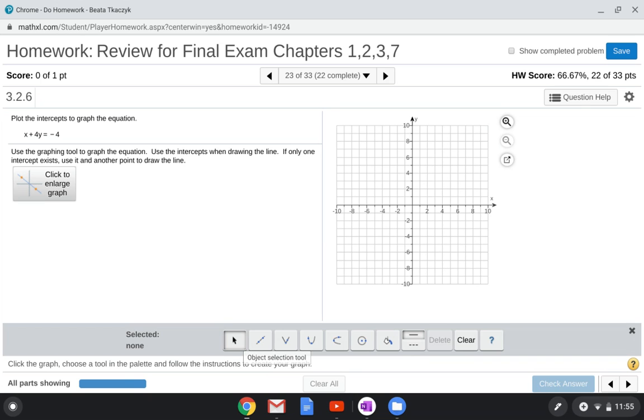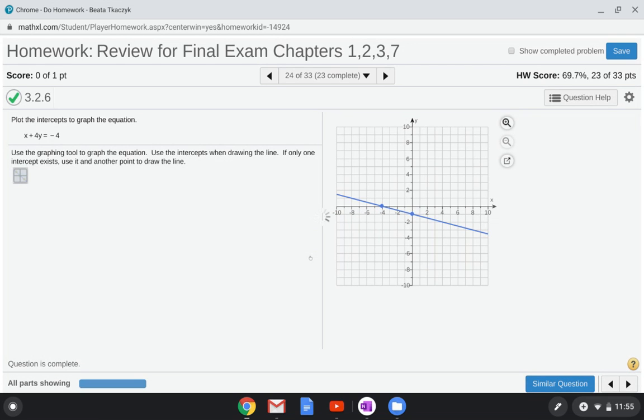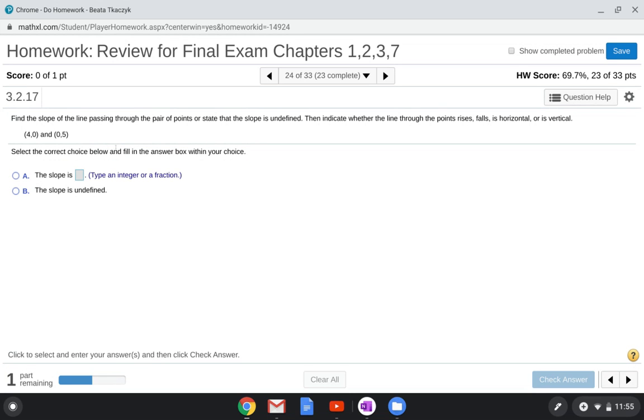If only one intercept exists, use it and another point to draw the line. Okay, so we need a line. So we need to select the line, and we have negative 4 comma 0, which is right here, and then 0 comma negative 1. Okay, next question.